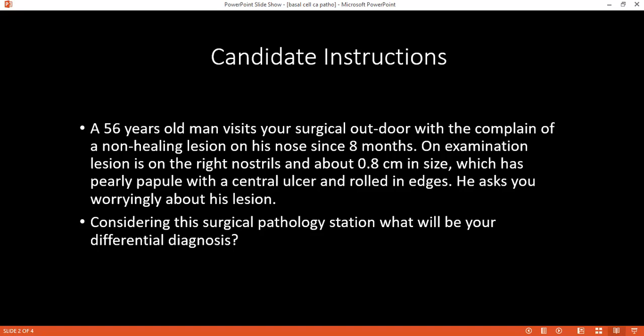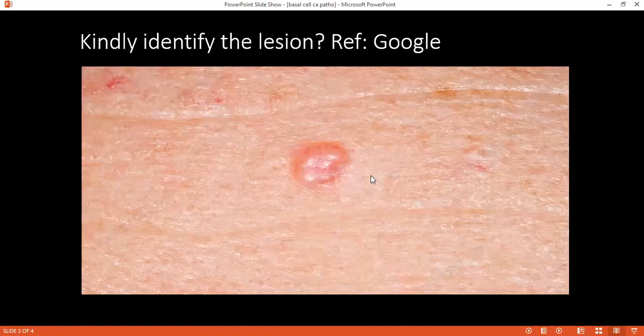Can you describe this lesion? This is a pearly papule with a central ulcer, with granulation tissue on the base, and rolled edges.